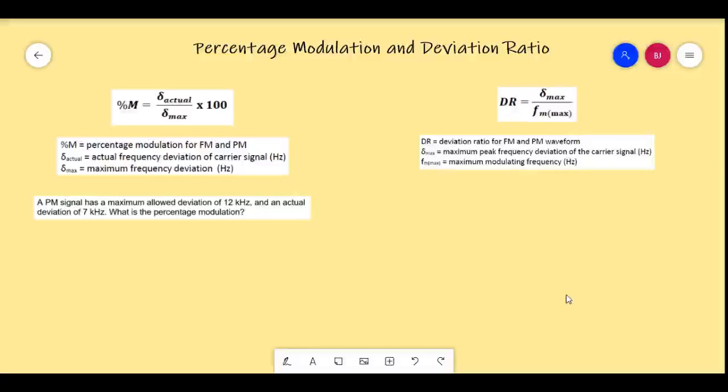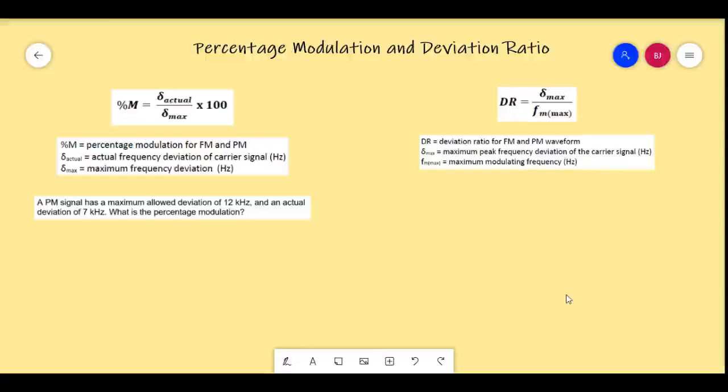So as I mentioned, these two specific values are applicable for both FM and PM. As explained in our lecture discussion, percentage modulation will be the ratio of the actual frequency deviation over the maximum frequency deviation.